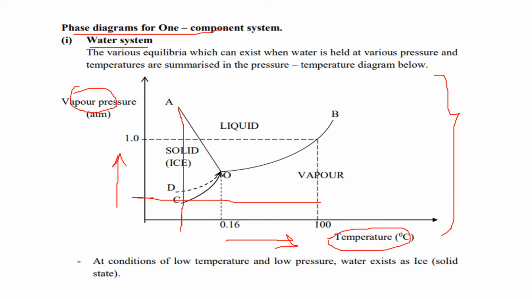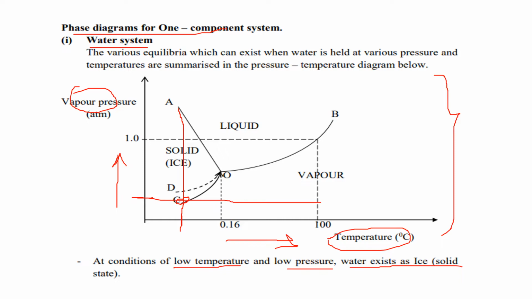Now where they intersect will give the interpretation of the curve. Since low temperature and low pressure intersect in the solid state, we shall be saying that at conditions of low temperature and low pressure, water is going to exist as solid state, or water is going to exist as ice. What about others?